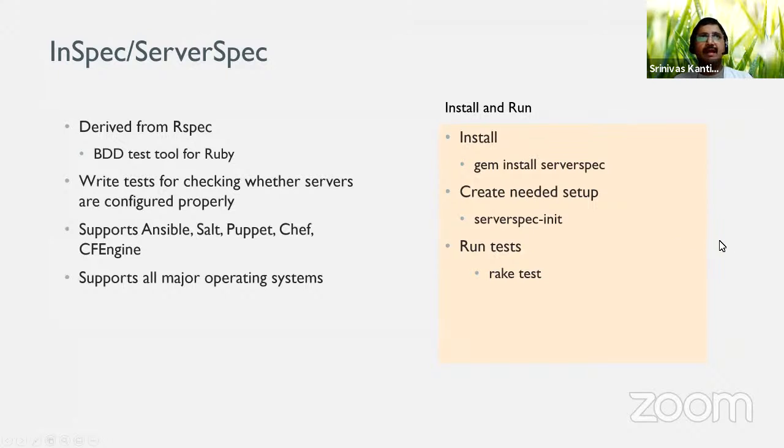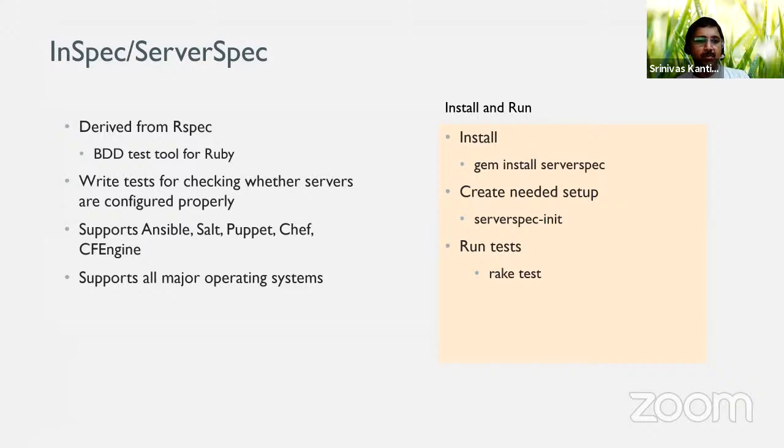And then the testing part, ServerSpec and Inspec, both are derived from Ruby RSpec, if you're familiar with Ruby, which is a unit testing framework for Ruby. It's a BDD tool, so it focuses on behavior.